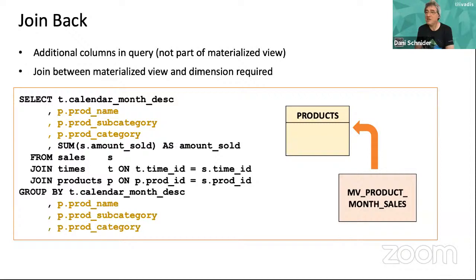And in this case, Oracle would be able to do a so-called join back. That means it reads the materialized view, but does an additional join then on the products dimension to show the additional columns of the dimension table.